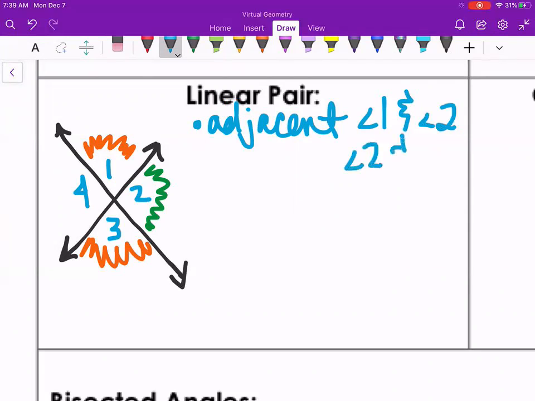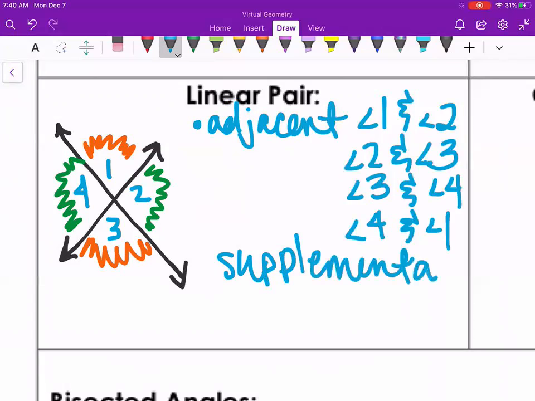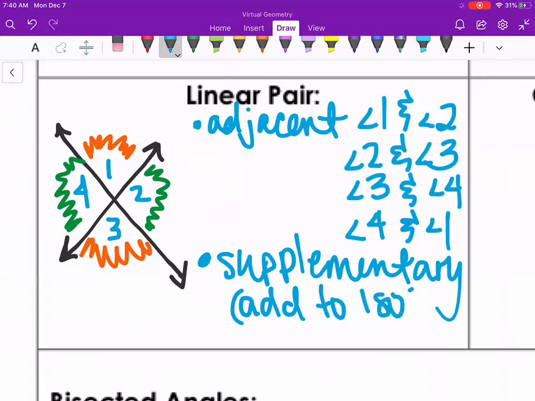Angles 2 and 3. Angles 3 and angle 4. And then our last pair, 4 and 1. And these are not going to be congruent. These are supplementary. These are supplementary, meaning they must make up 180. And we'll revisit supplementary here in just a second, a little bit more.